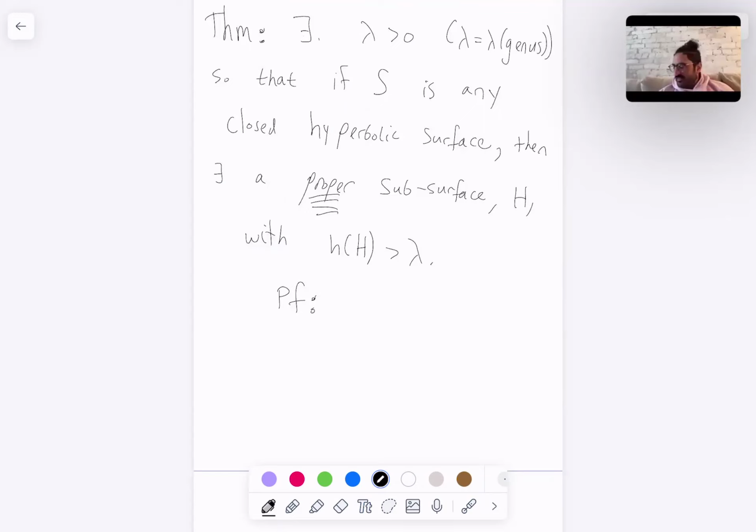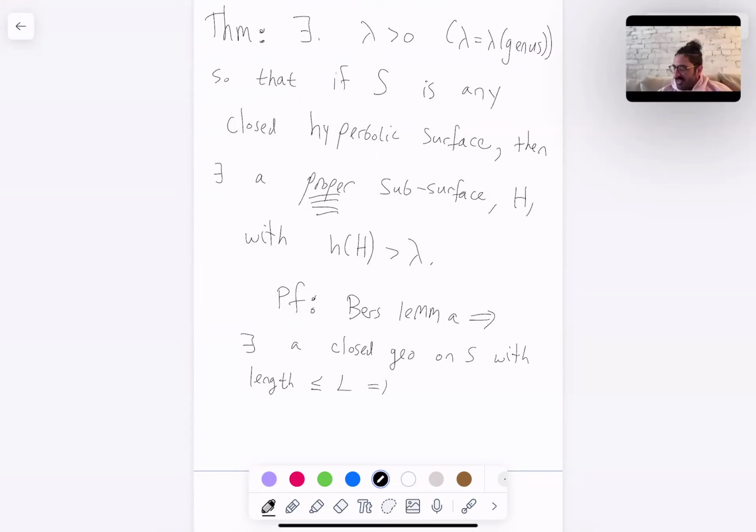The proof is, first you use the Bers lemma, and that tells you that there exists a closed geodesic on S with length at most some number that depends only on the genus.